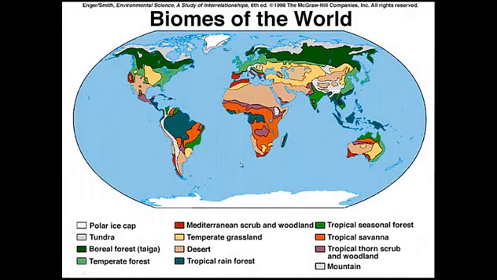As we look around the globe and see the different biomes and their interface, some of these areas are known to have high biodiversity, such as the tropical rainforests of South America and Central America, as well as the tropical rainforests and savanna of sub-Saharan Africa and Southeast Asia.